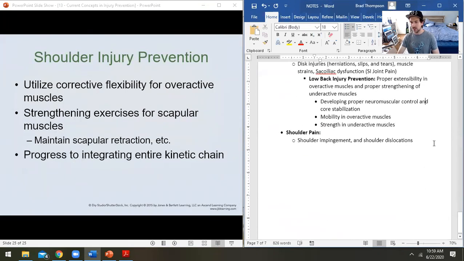So how do we fix this darn stuff? Shoulder injury prevention. Again, proper extensibility of the shoulder complex and strengthening of upper back musculature is going to be absolutely key.